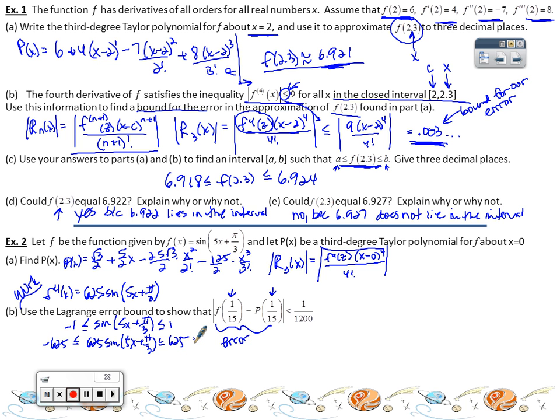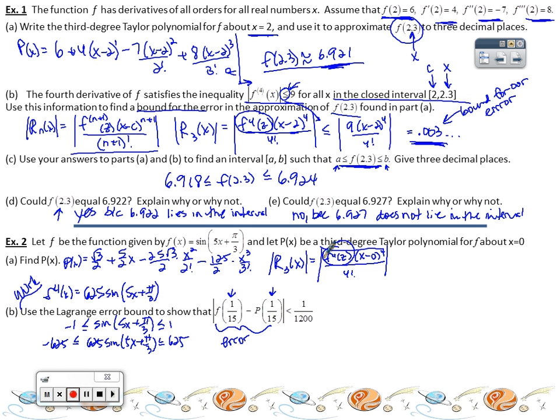Yeah, that's our maximum derivative value all the time. Since that is the maximum derivative value for these periodic functions that go back and forth and back and forth, we're good with finding just the overall maximum. We don't have to get in between 0 and 1/15 and try to figure out what that maximum value is. So that is going to be our bound, 625. Our maximum fourth derivative value is going to be 625.